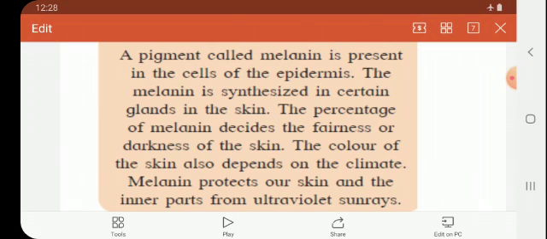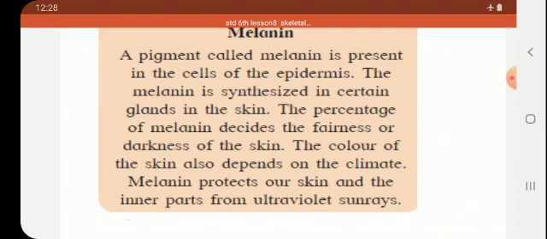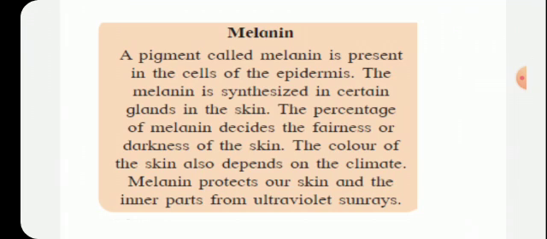Thus we find wrinkles on the skin of older people. As fat reduces, the skin shows wrinkles, and these wrinkles are not seen in a small baby because the fats are below the skin.